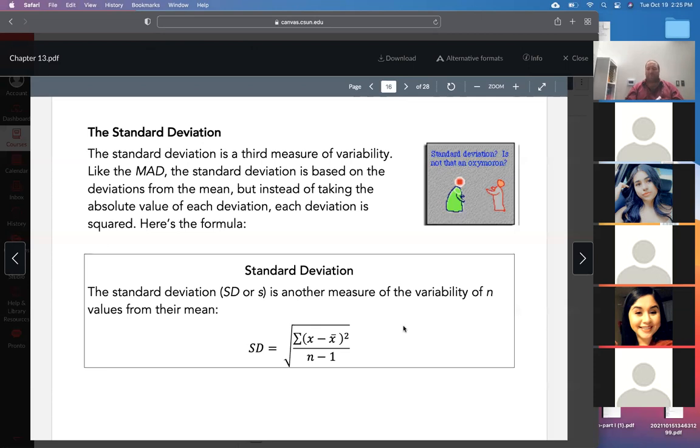They are extremely close to each other. So when the sample size gets larger, the difference is more and more negligible. But nevertheless, n minus 1 is technically a slightly better value than n. That's essentially what it comes down to.